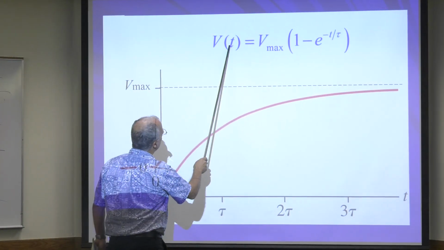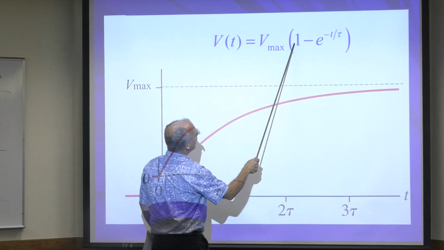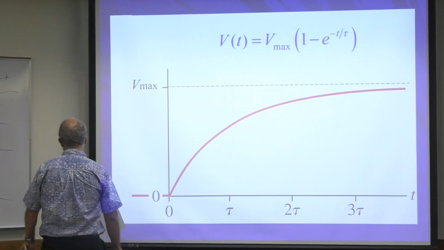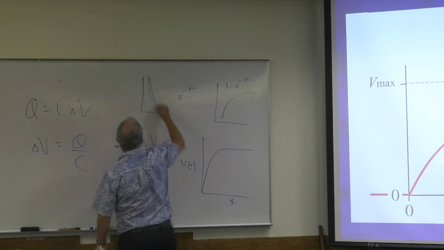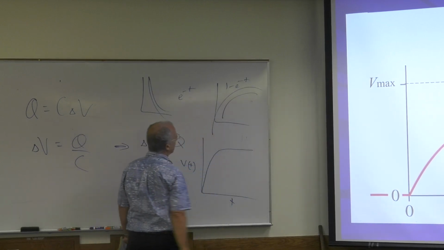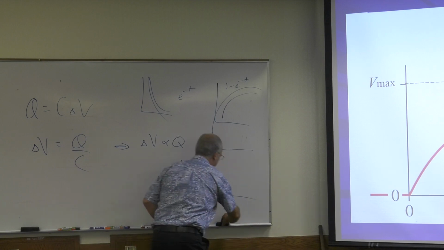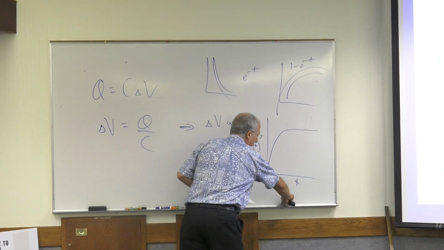The voltage as a function of time equals the maximum voltage times 1 minus e to the minus t over tau. So you better know these equations. You just see them a lot, right? E to the minus t, 1 minus e to the minus t. You just got to know those. You see them a lot in physics and in other sciences.